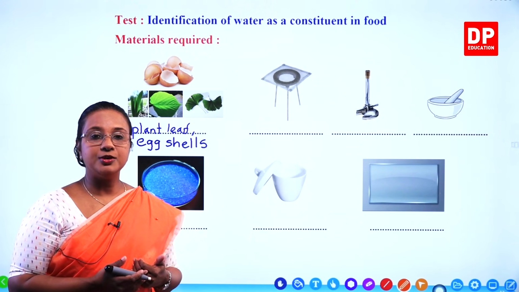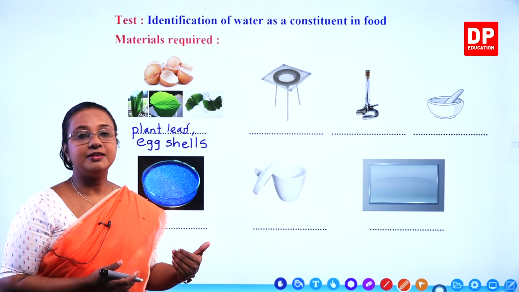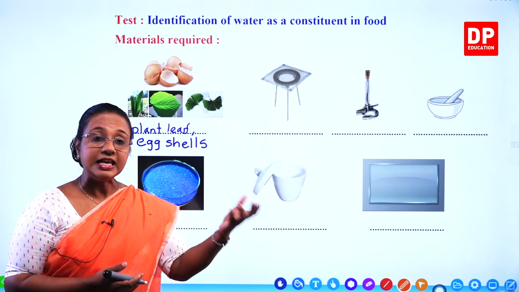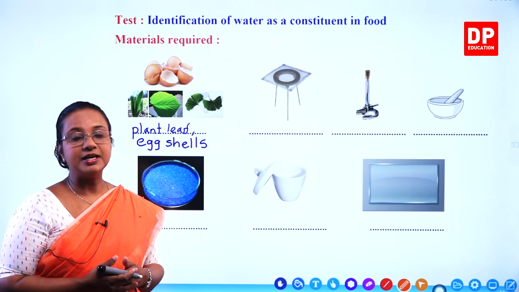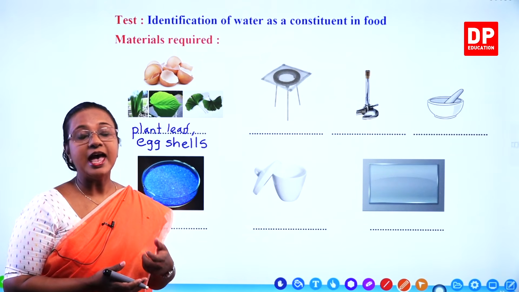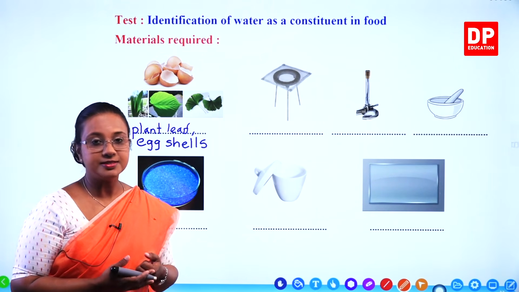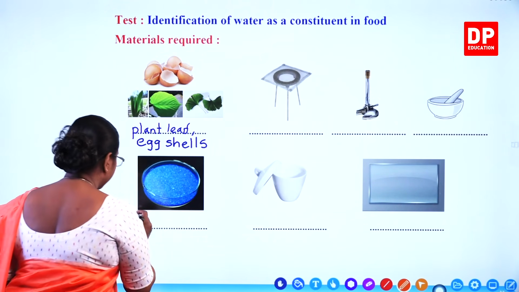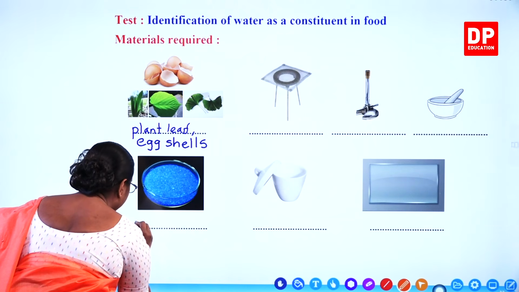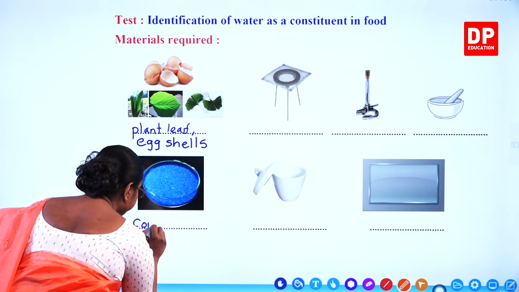So what we can do is we can take the hydrated copper sulfate, heat it using the Bunsen burner, then we will have the anhydrous copper sulfate. So this is one of the chemicals, copper sulfate.